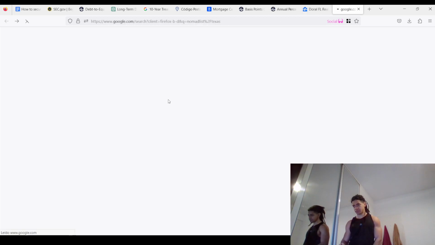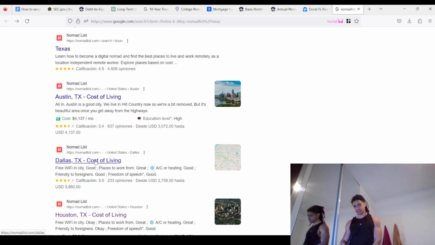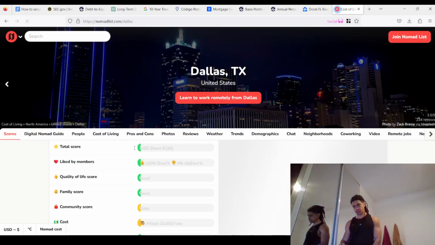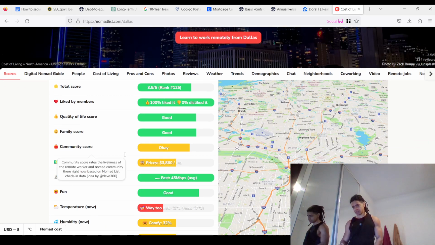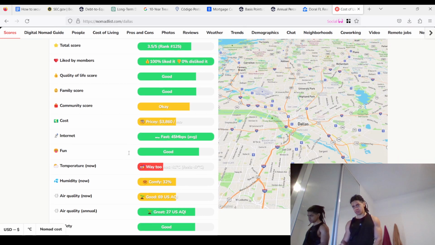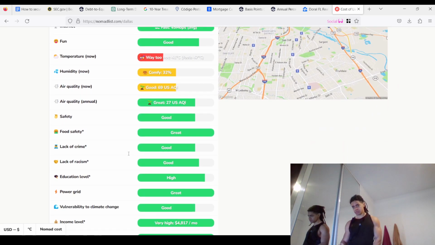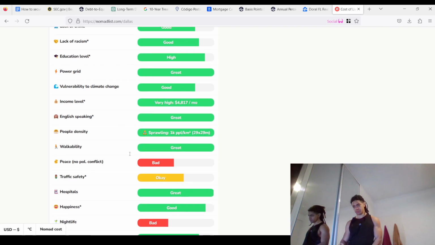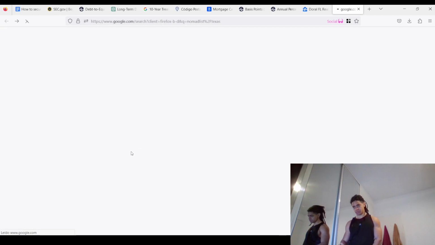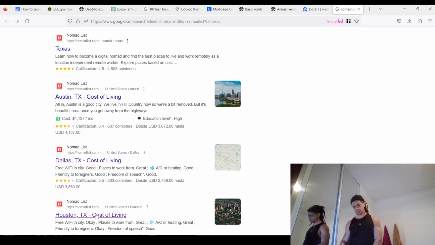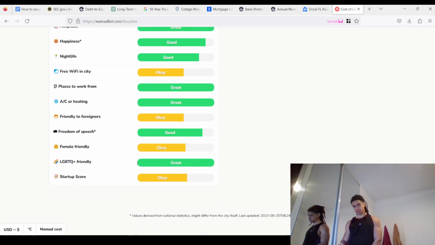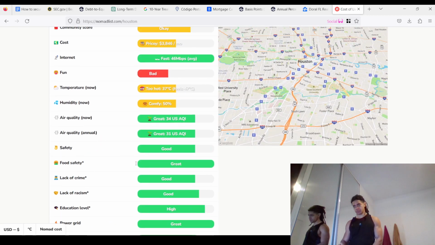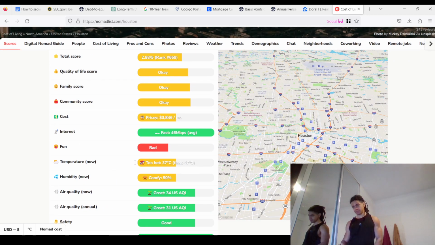Houston, another city like Dallas. Dallas or Houston.